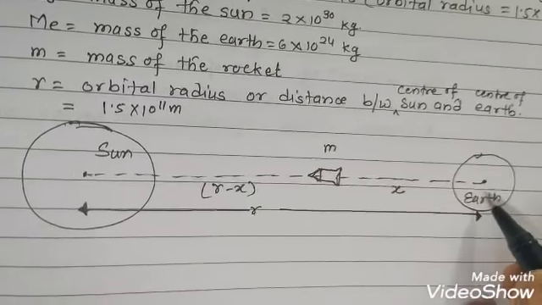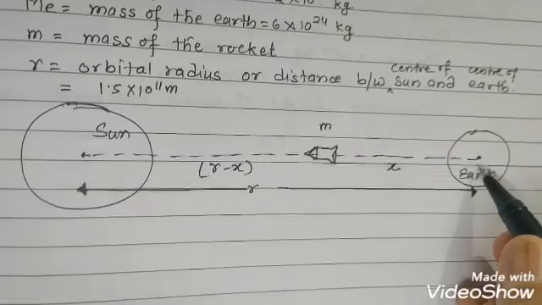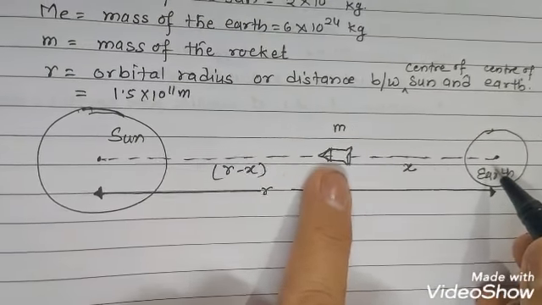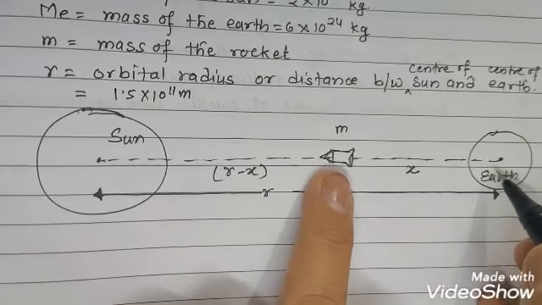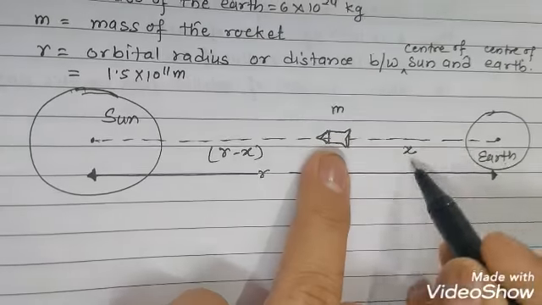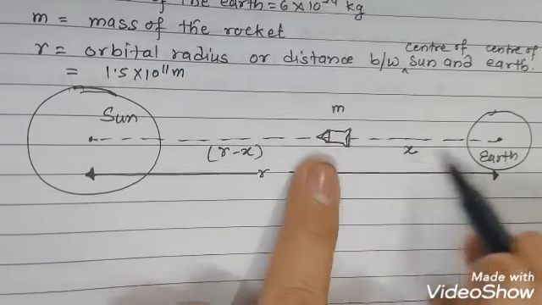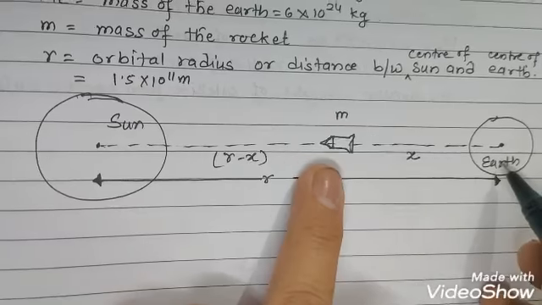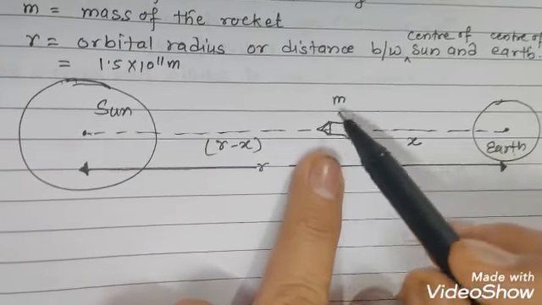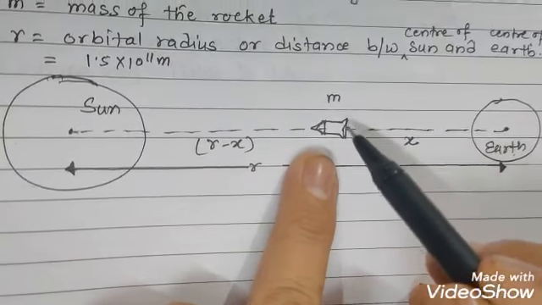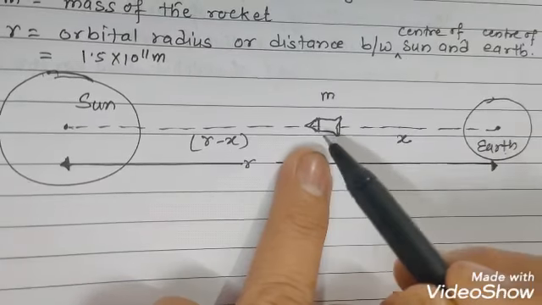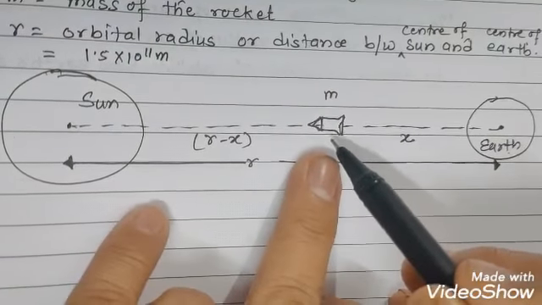Now we have to find the distance from the earth's center where the gravitational force on the rocket is 0. So we will assume the distance of the rocket from the earth's center is x, where the gravitational force due to the earth and the sun will be 0 on the rocket.